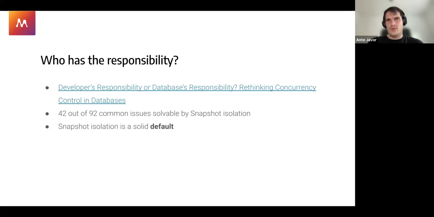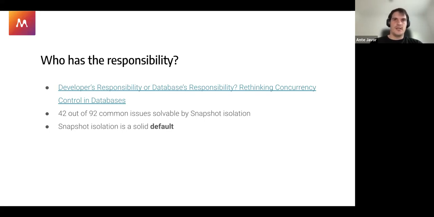There is also one more interesting paper that came out this year at a database conference. It is called Developer Responsibility or Database Responsibility? Rethinking Concurrency Control in Databases.